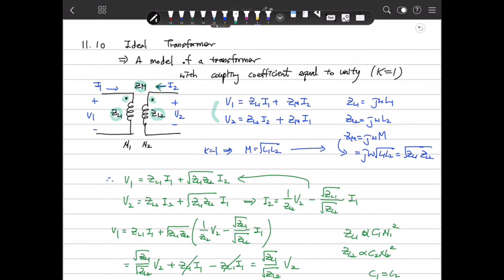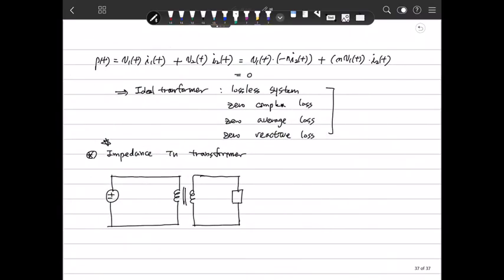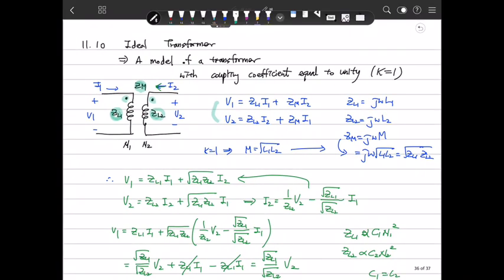To make the voltage equation using the coupled inductor, we need to know that there are three variables here. But if the transformer is ideal, then you don't need to know about those variables.